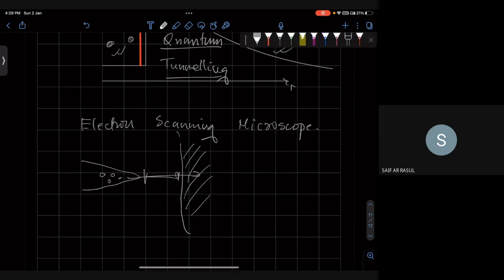But the probability depends on how far the surface is. So if the surface is nearby, the probability increases. So by running this tip over a surface, you can actually find out what the atomic distribution of the surface is. So this is another example of quantum tunneling.